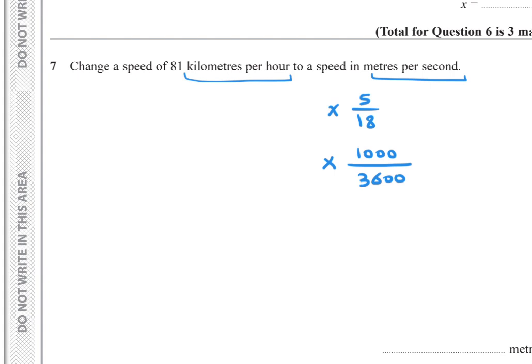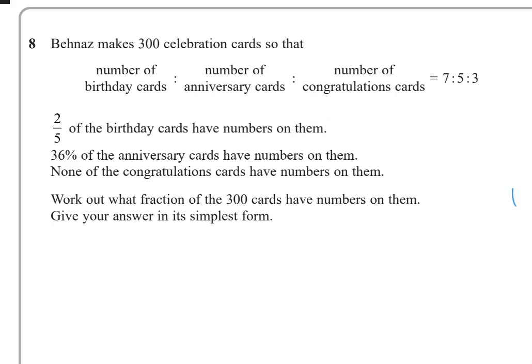So now 81 times 5 over 18 equals 22.5 meters per second. Number 8.